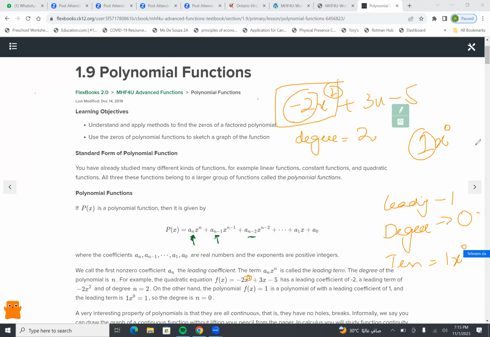So you're not going to get confused if you have a constant. If you have the constant 2024, the leading coefficient is 2024, the leading term is 2024 x to the power 0, and the degree is 0.